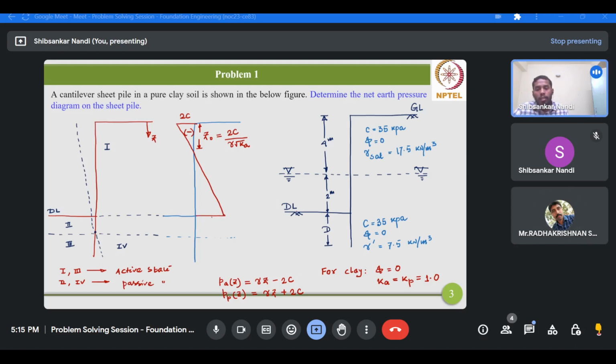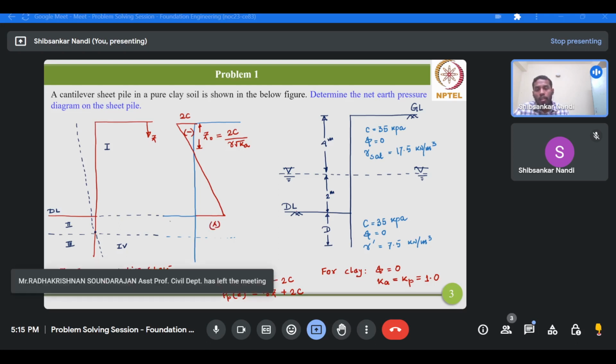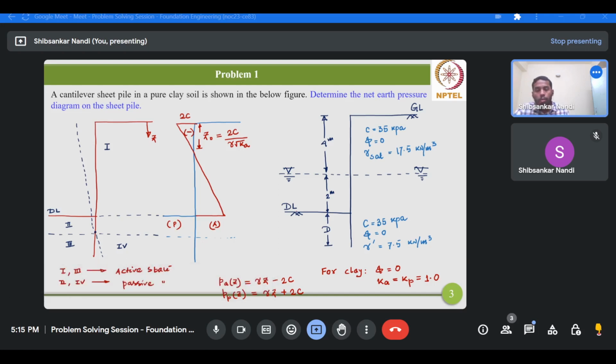Now as soon as you move below the dredge level, on one side you will be having active earth pressure, and on another side you will be having passive earth pressure. From the active earth pressure condition, you are having the value gamma H minus 2C, or we can say Q bar minus 2C.